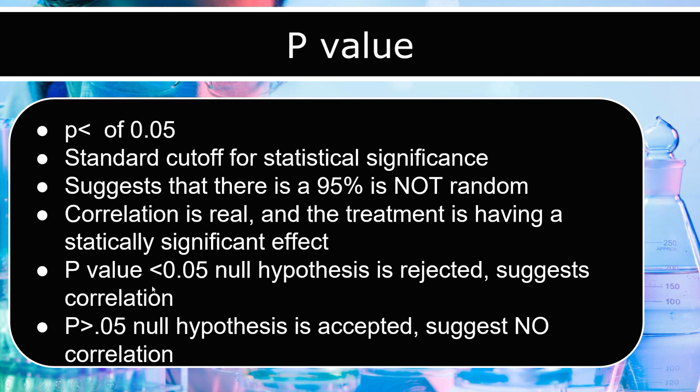So if we get a p-value that's less than 0.05, your null hypothesis is rejected because it's suggesting that there's a 95% chance that there is a correlation. But if we get a p-value that's greater than 0.05, the null hypothesis has to be accepted. It suggests that there is no correlation.